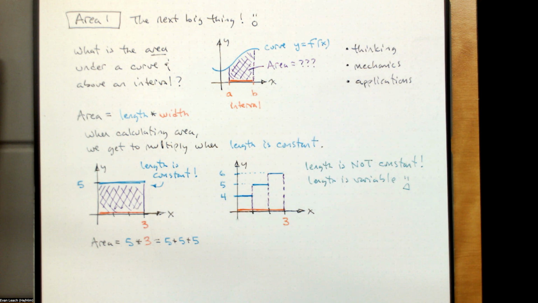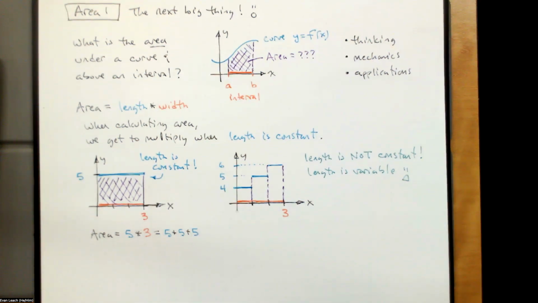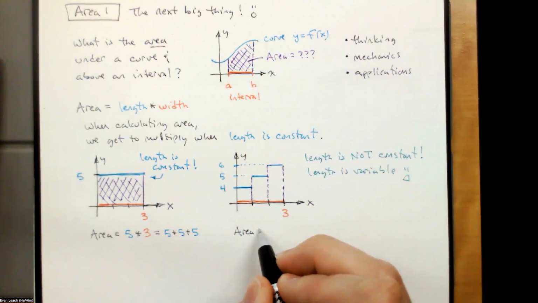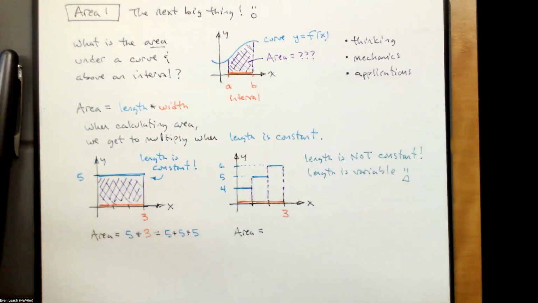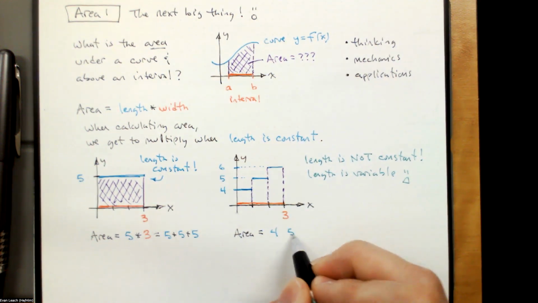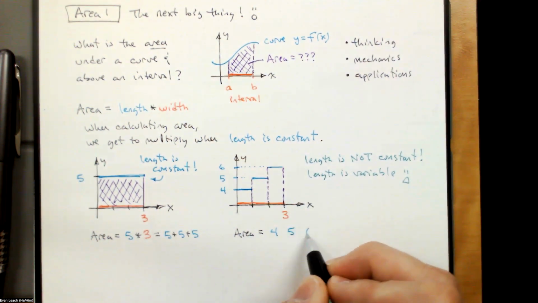Multiplication is repeated addition. Multiplication is addition where everything is the same. But here we don't get to do that, because our area is going to be this first one, which is a 4, the second one is a 5, and the third one is a 6.